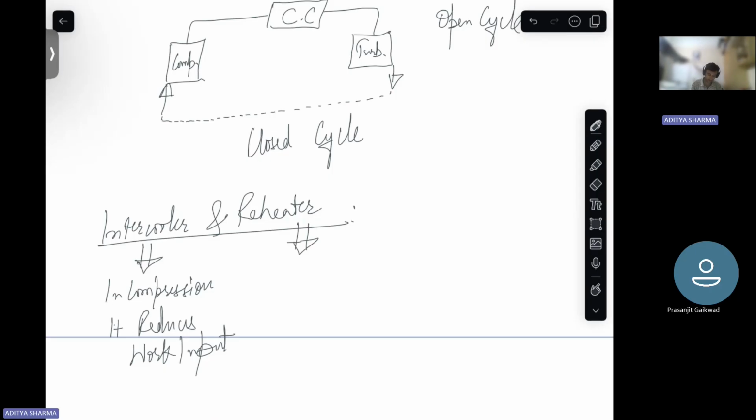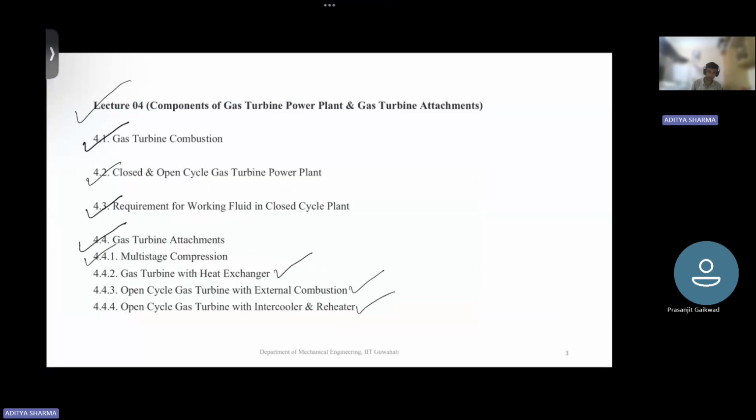Then what does your reheater do? It increases the power output. So this is the purpose of the intercooler and the reheater in an open cycle gas turbine. I hope it is clear to you what an open cycle is.